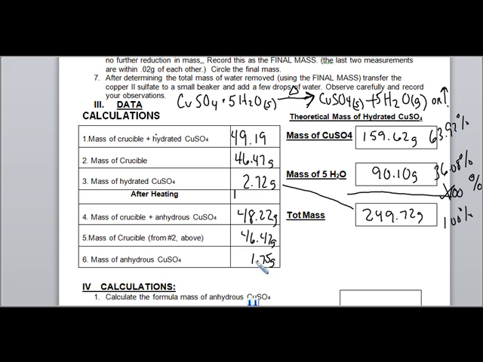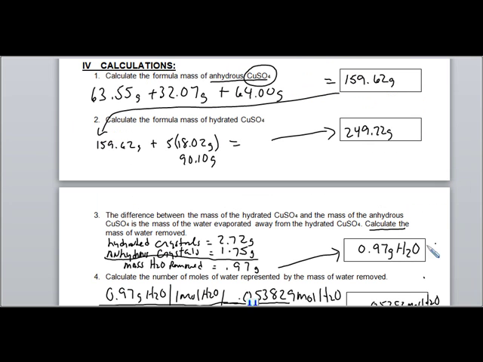The difference between the dehydrated crystals and the hydrated crystals is the mass of the water, okay? This is your total mass. This is the sample you used. This is what you had left when you ran all the water off of it. So the difference between those two masses is the mass of the water. Does everybody understand? That's the mass of the water, okay?